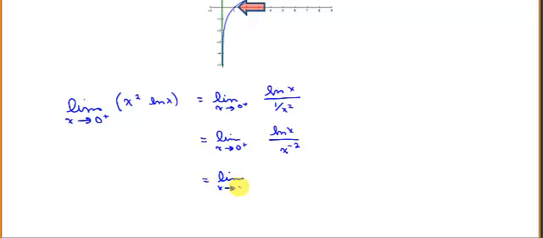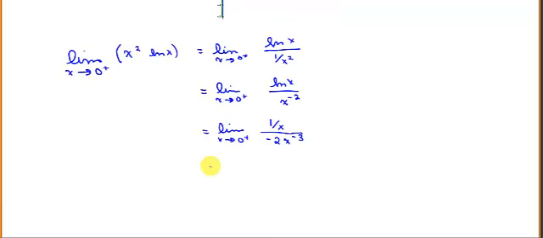as x approaches 0 from the right of 1 over x divided by a negative 2 over x to the third. Maybe I should just write it as negative 2 times x to the negative 3. Okay, but that is the limit as x approaches 0 from the right of 1 over x divided by negative 2 over x cubed.